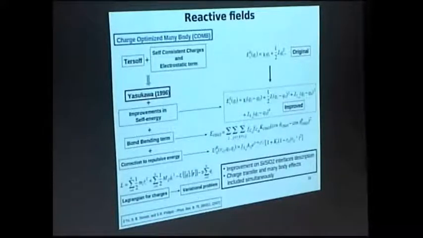The idea of Susan Sinnott was to get this Yasukawa potential, that is nothing more than a Tersoff with self-consistent charge and some electrostatic term, and improve this proposition of Yasukawa. The idea was to improve the charge equilibration procedure.